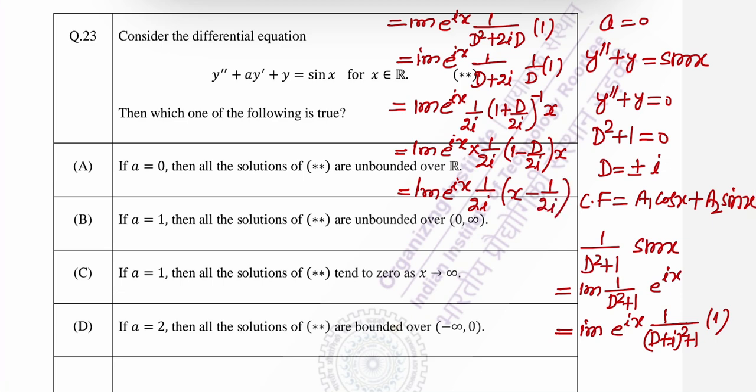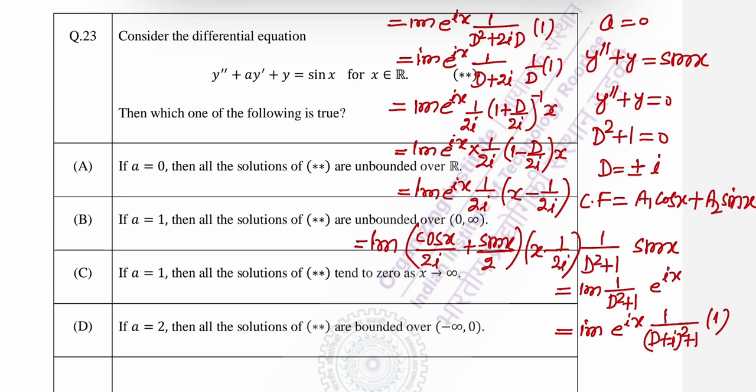So we are getting x cos x by 2i. We have to take the imaginary part, so we have to write that as well: the imaginary part of cos x by 2i, and thereafter plus sin x by 2, and here x minus 2i.